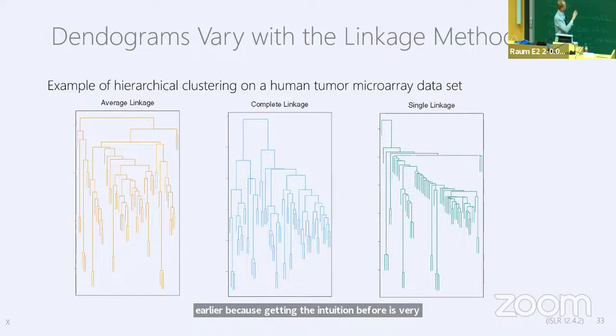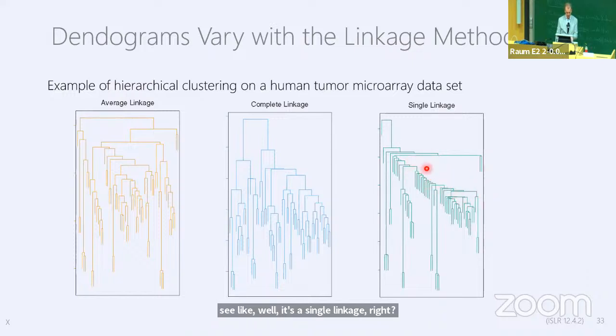Here we have a quick view of what happens if you do this game on the same data with a different linkage method. And as you can see, you get quite different results. Which one do we like better, just based on the dendrogram? This is a rhetorical question in this particular case. Maybe you like the right one better because, with single linkage, finding snakes, there's clearly something snaky going on here.